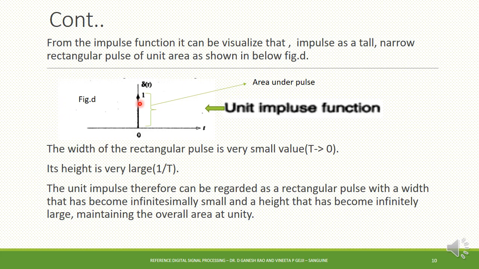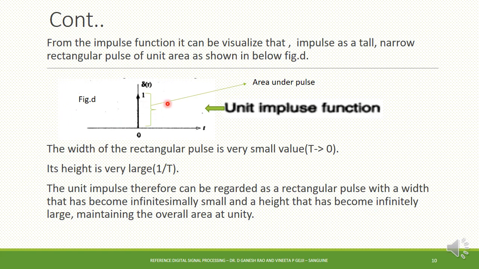But in the unit impulse function, you should not think of it as amplitude, it is the area under the pulse. From the impulse function, it can be visualized as a tall, narrow, rectangular pulse of unit area, as shown in the figure.